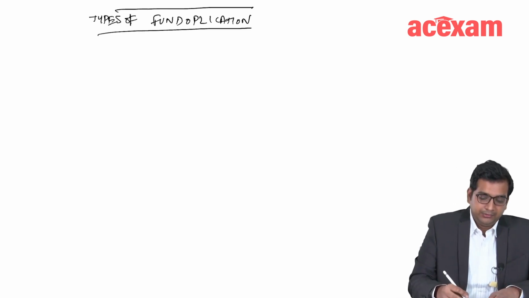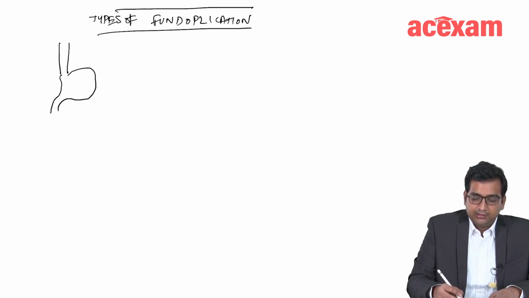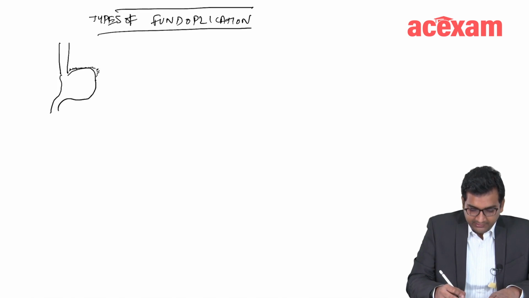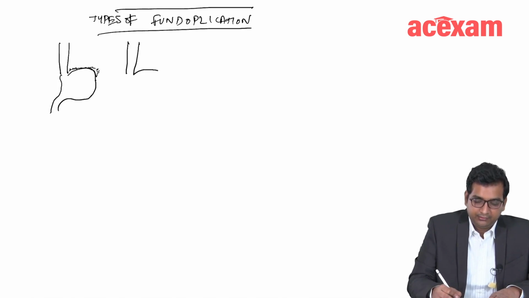Okay. So this is normally the esophagus, this is the GE junction, and this is the stomach. Now, stomach fundus is supplied by short gastric vessels. We are dividing these short gastric vessels, and this makes the fundus free.